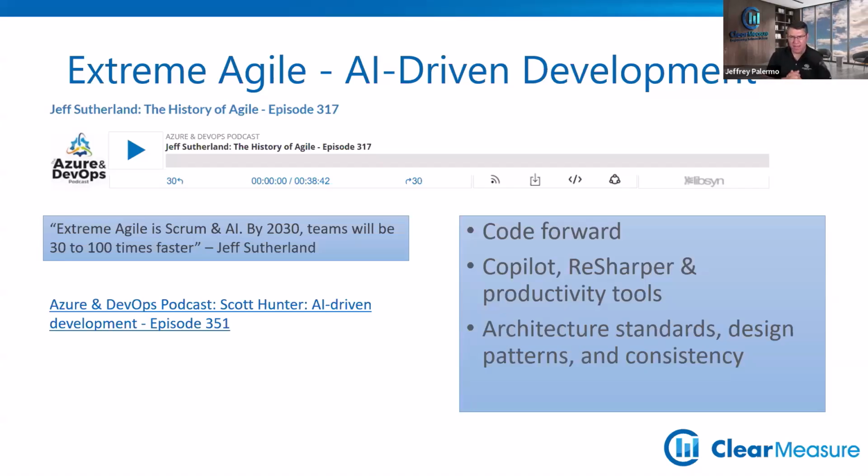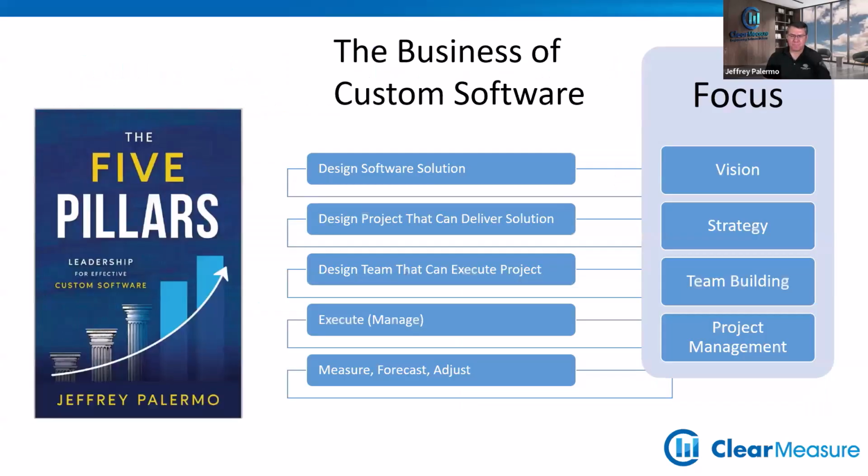So when we think about AI-driven development, I want you to remember a few things: the concept of coding forward and tools like Copilot, ReSharper, and other productivity tools, and the requirement for architecture standards, design patterns, and consistency. I'm going to come back to those, but I want to put those in your brain.